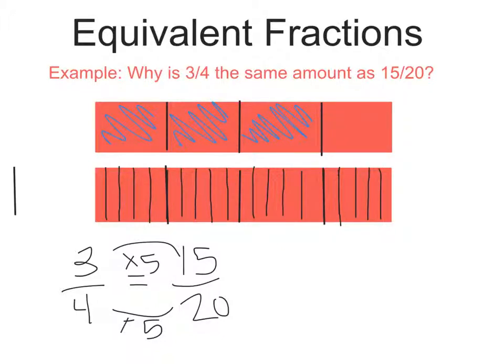Now that each part is divided into 5 smaller equal parts, we have our whole of 20. And our top one is still a whole of 4.